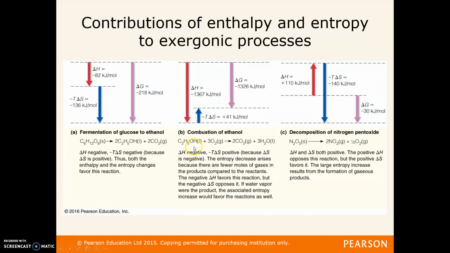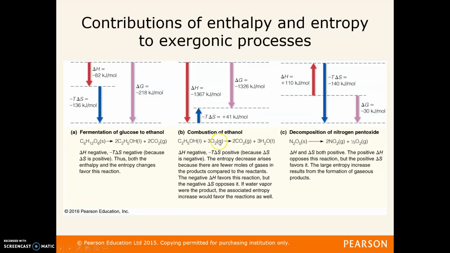Now, if we look at the combustion of ethanol, this is a slightly more complicated scenario because you are going from one liquid molecule and three gas molecules, to now two gas molecules and three liquid molecules. That is kind of the opposite direction of entropy, right?